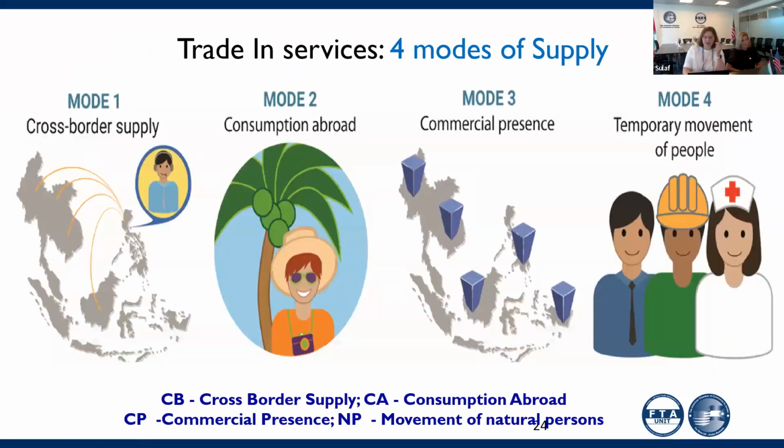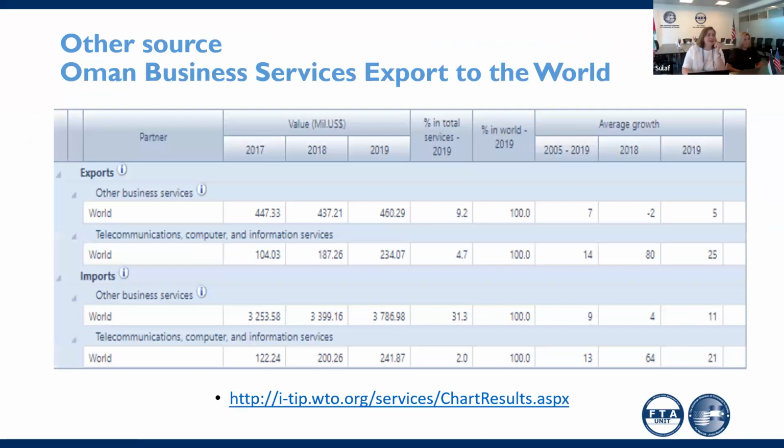This is also data available from a web page from the WTO and the World Bank, capturing data at the country level. So what Oman exports to the world, not per country. As I said, there are challenges. It shows what it exports and imports of services, up to 2018. It's not specific, just showing the world, but you get an understanding.